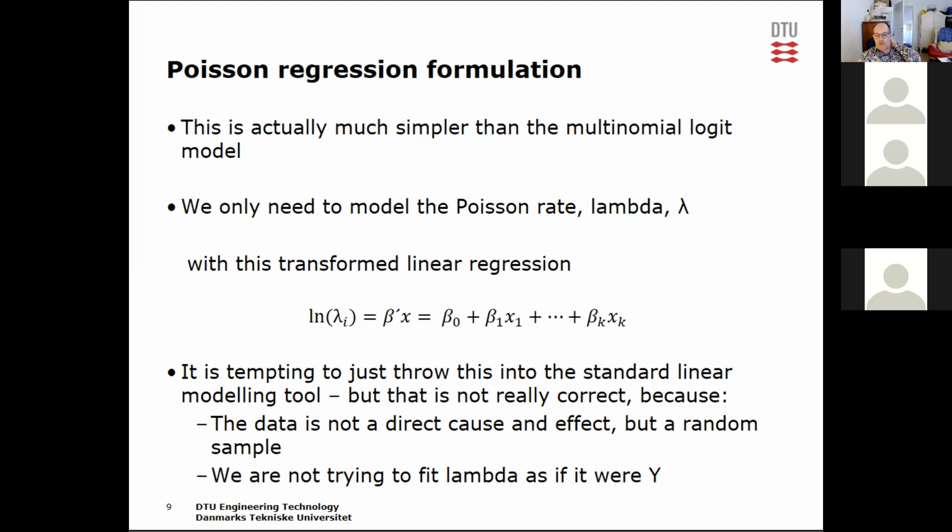But then you look at this formula, as I commented here on the slide, and we'll come back to this, you say, why do we need all this stuff? Who cares? Why do we need this Poisson regression? This looks easy. We already have tools to do this. Why don't we just throw this into the linear regression model?